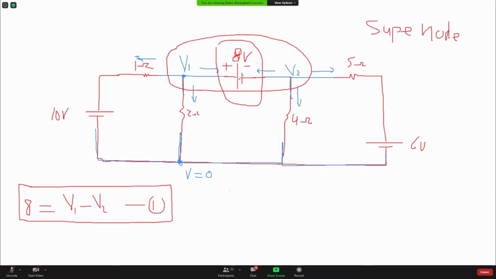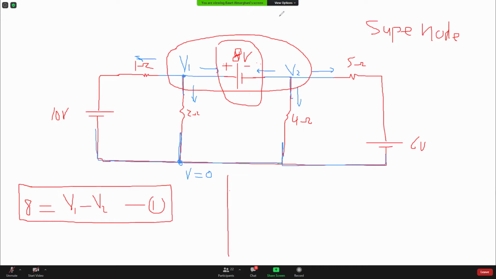The second equation, because I have two nodes here, so I need the second equation. The second equation will be a supernode. What's a supernode? I'm going to shade all this in a different color.